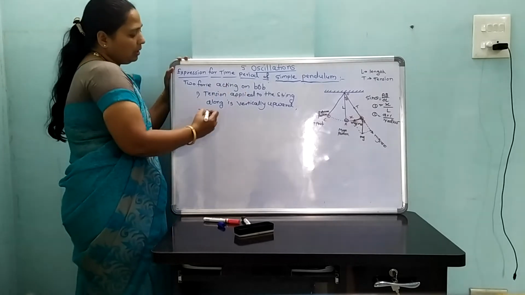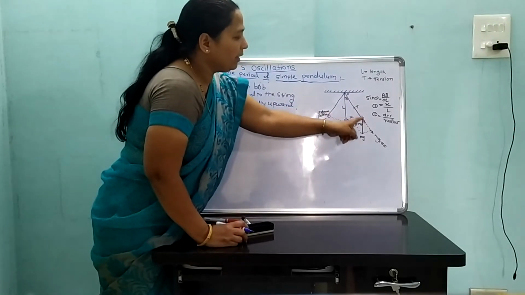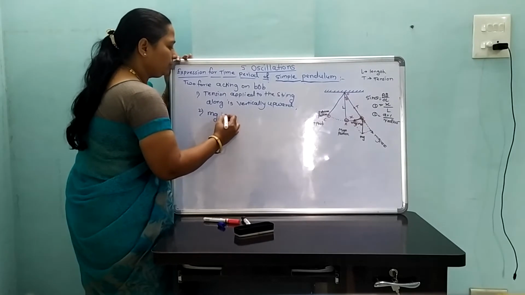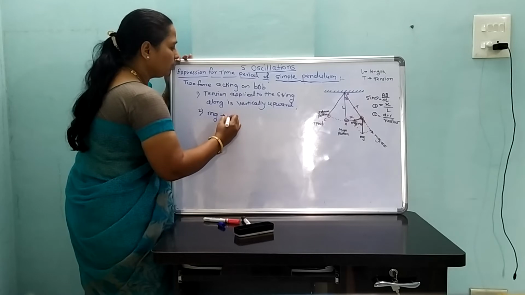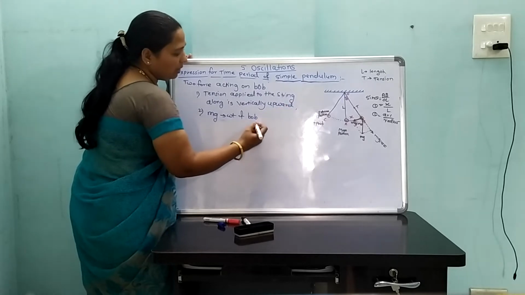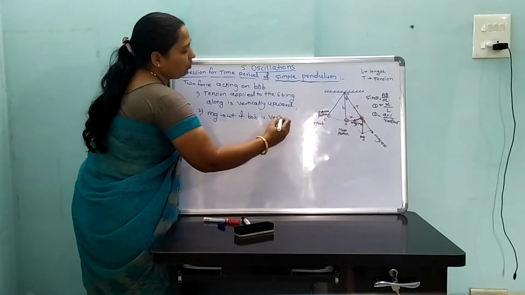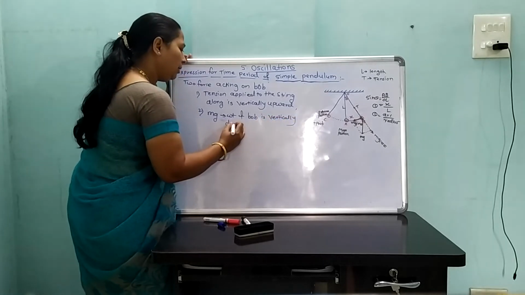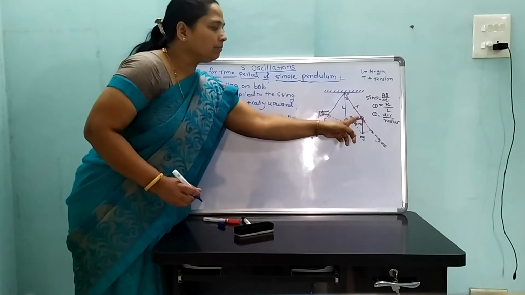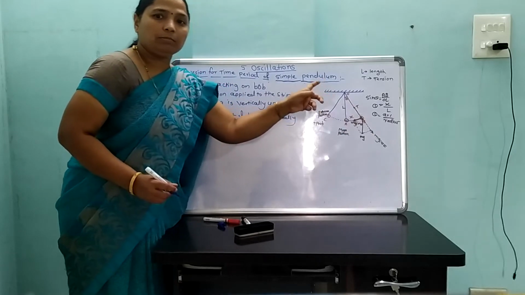The second force is Mg, the weight of the bob or small sphere, which acts vertically downward.